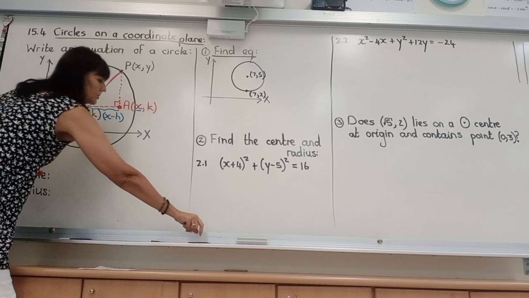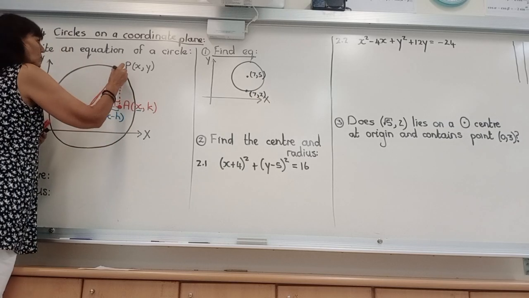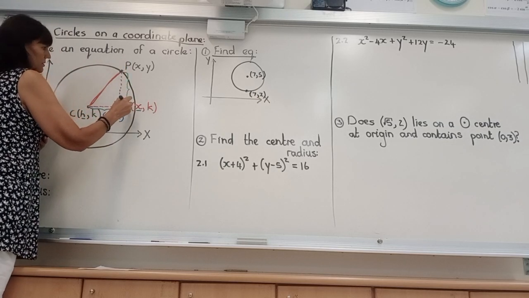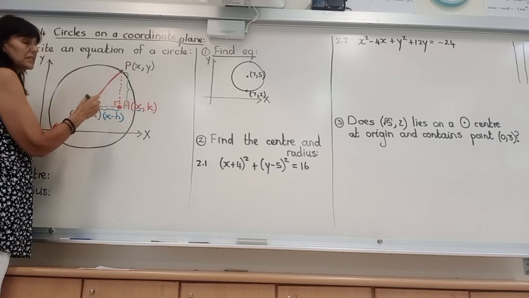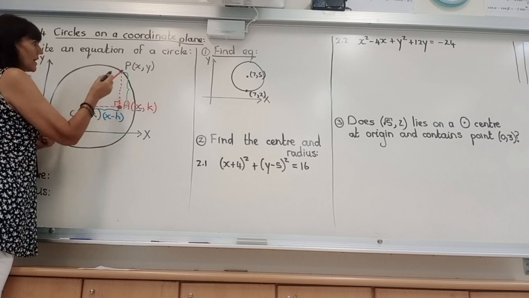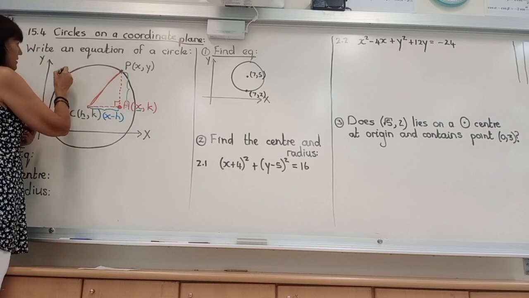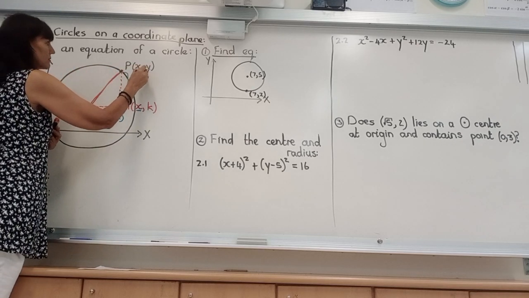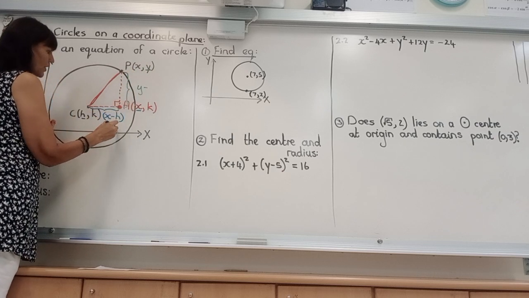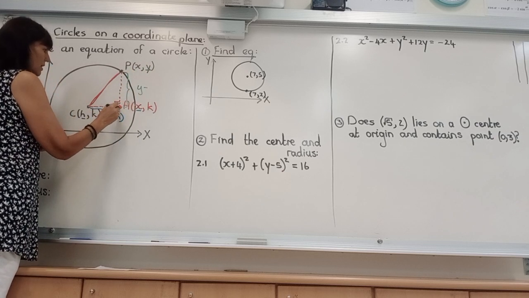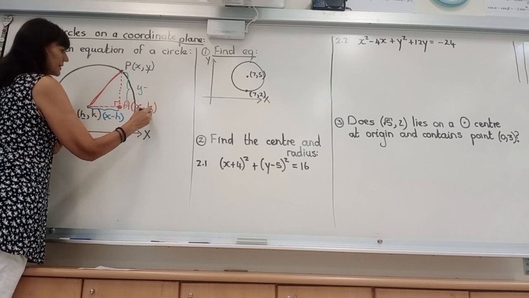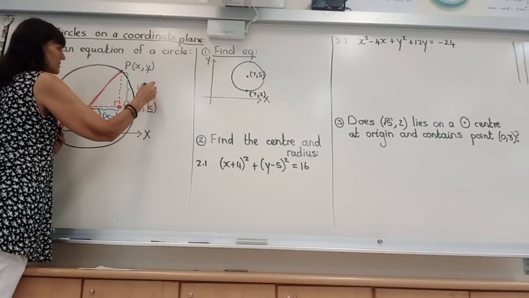I want to use a different color. What will be the distance of this part, the vertical side of my little triangle that I have here? I need to take this highest y coordinate, and subtract this part here. And how do I know what is the y coordinate of this part? It's that one minus k.